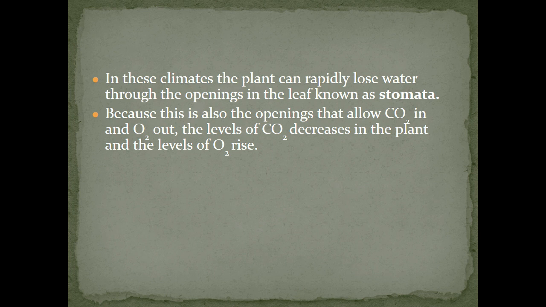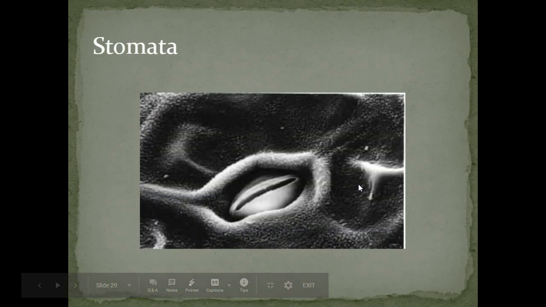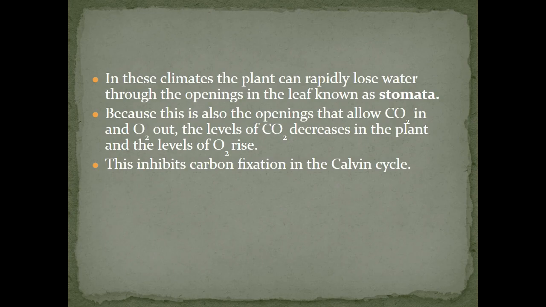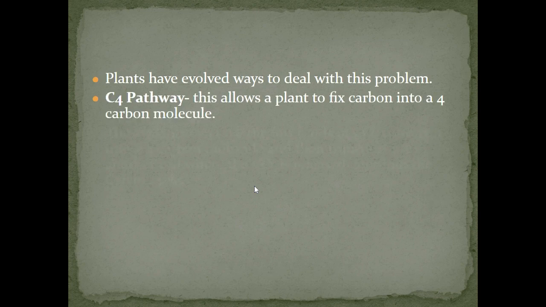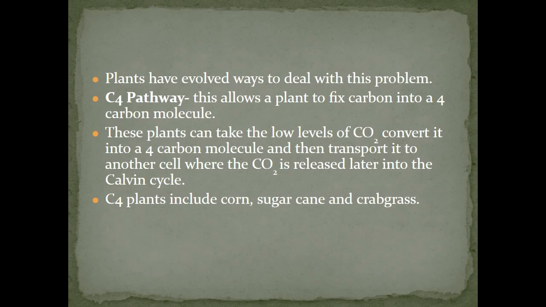The levels of CO2 decrease in the plant, and the level of O2 rises. So this inhibits carbon fixation through the Calvin cycle. So this means that we have to do a different way. Plants have evolved ways to deal with this problem. That is why we call it a C4 pathway.